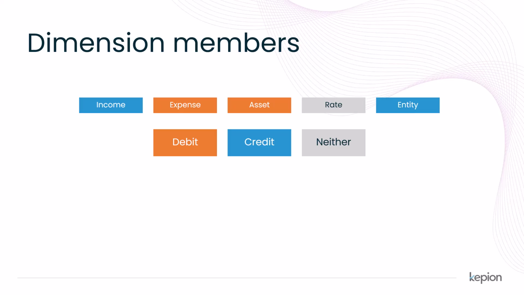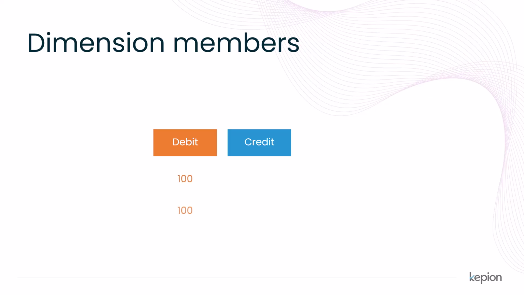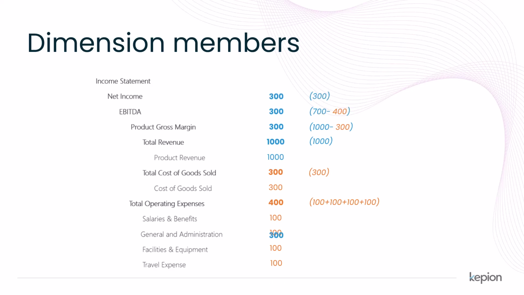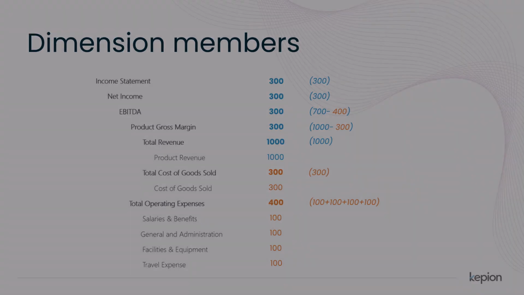For example, debits will automatically roll up into other debits, credits will roll up into other credits, and debits will be subtracted from credits as they roll up together. In practice, we only need to assign the right account type to each account member, then when we populate the leaf members, the aggregation will happen automatically. Let's add account types to our member list here.